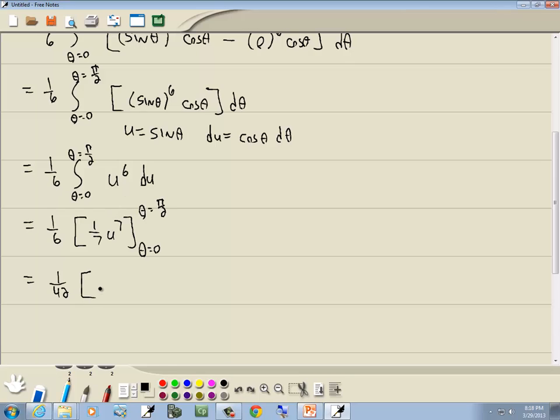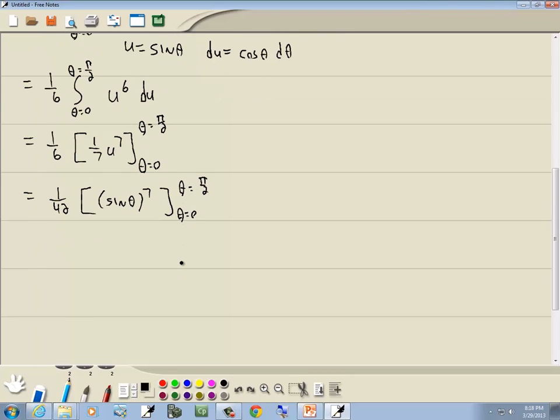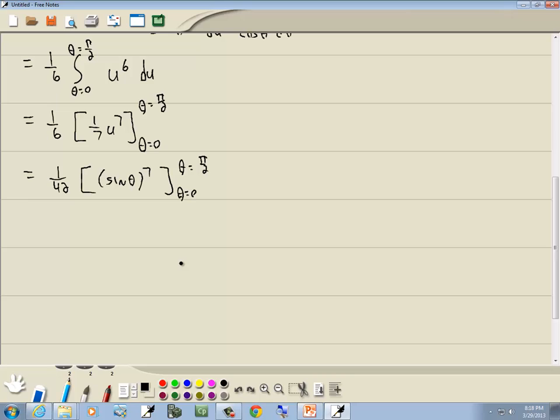The u was sine, so we got sine theta to the 7th, and theta is equal to 0 to theta is equal to pi over 2. And now we're ready to plug those in for theta. So we got 1 over 42, and then sine of pi over 2 to the 7th minus sine of 0 to the 7th.